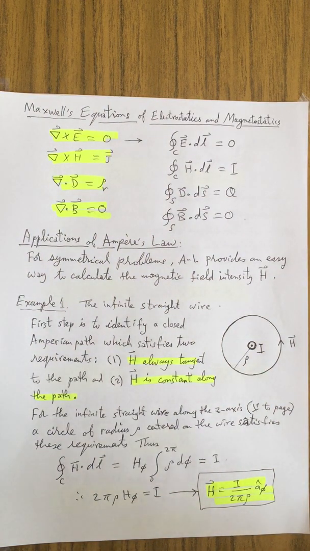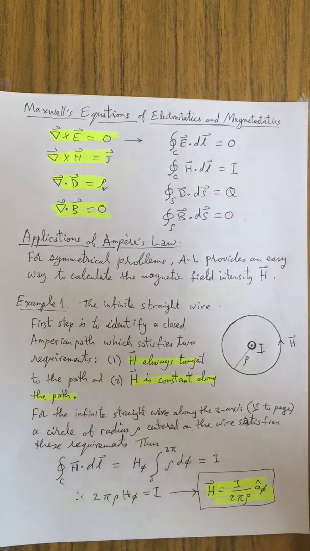Now we come to applications of Ampere's law. For symmetrical problems, Ampere's law provides an easy way to calculate the magnetic field intensity H. So if we take an example of the infinite straight wire, which is perpendicular to the page in the direction of plus Z, the first step is to identify a closed Amperian path, an Amperian path of integration, which satisfies two requirements.